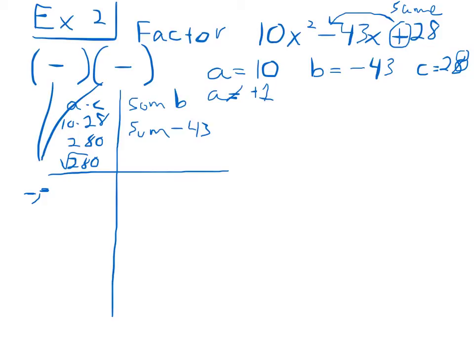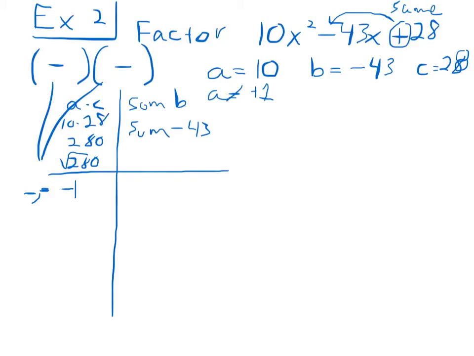So take the square root of 280 now. Okay, the square root of 280 is 16.7 something, right? So we would have to go up a long way. But let's start with just the simple ones, and we'll check the addition as we go, because hopefully we don't have to go up all the way to 16 or 17.